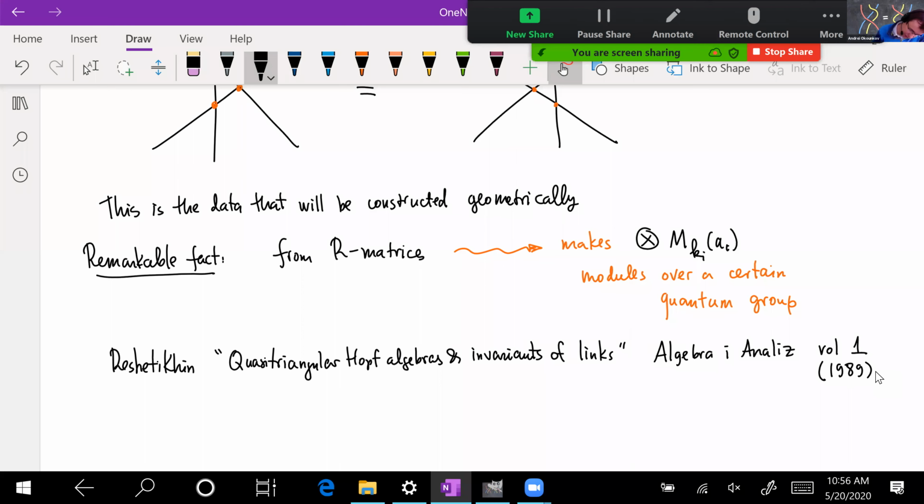And there's also a really good book by Etingof and Schiffman, and another book by Etingof and collaborators on tensor categories.